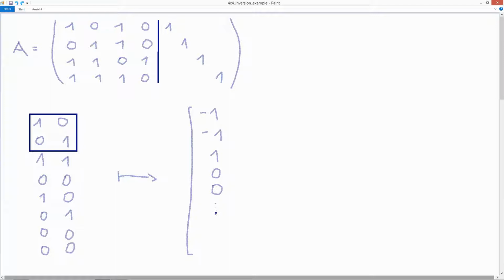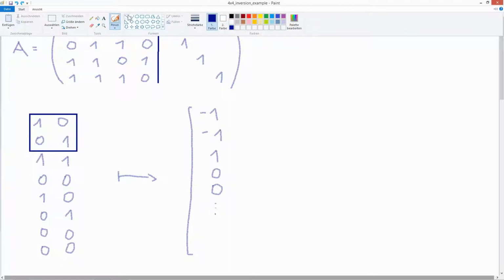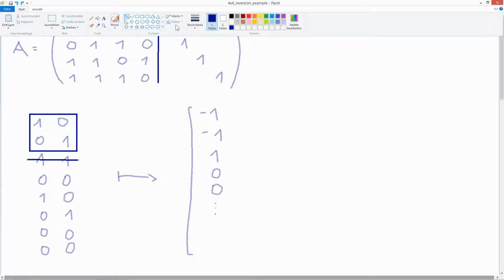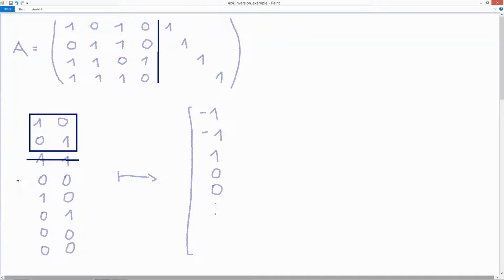Now we can cross out the row we just used. So we will cross this row out. And then we can pick the next row. So we will pick this row here. 0 and 0. And now we will do the same thing as before.